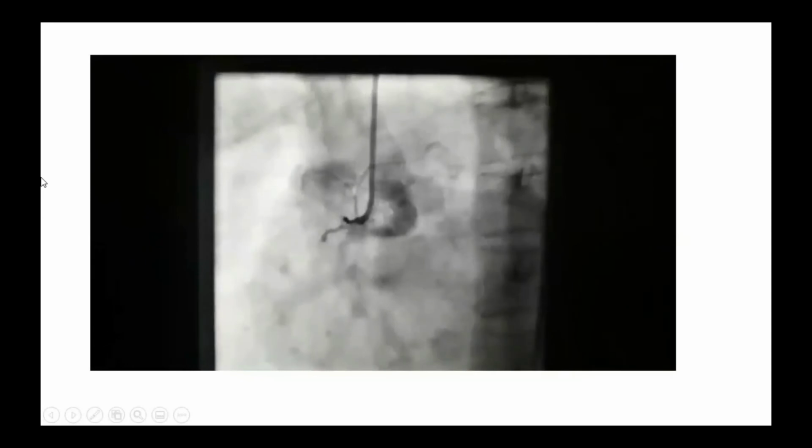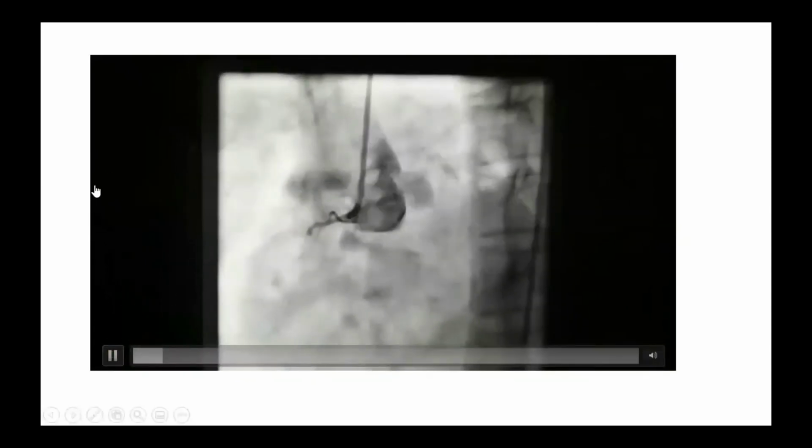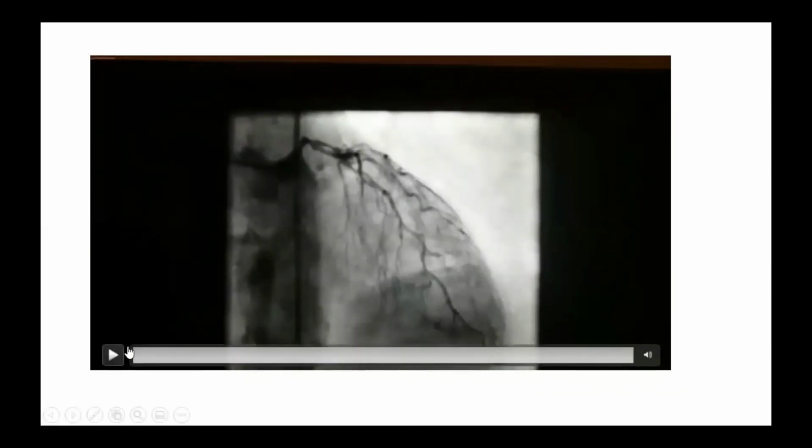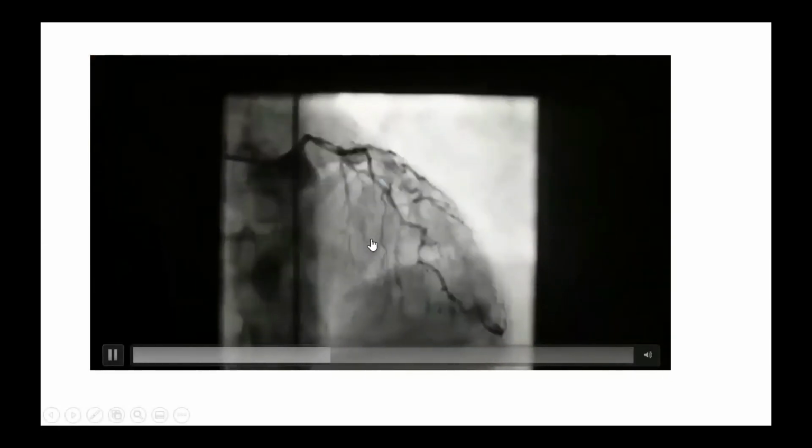What do you appreciate here? Total occluded proximal RCA. And what is this one? Small diffuse disease in the left system, both the circumflex and the LAD.